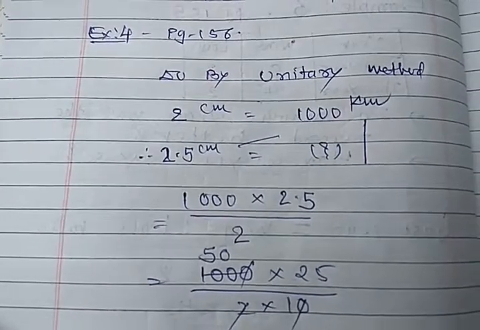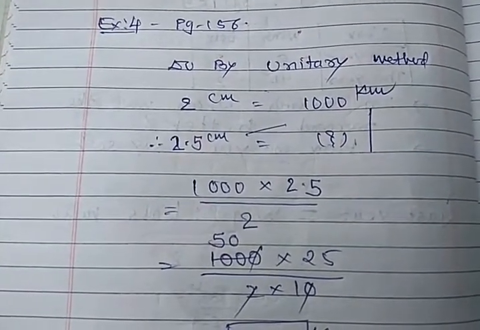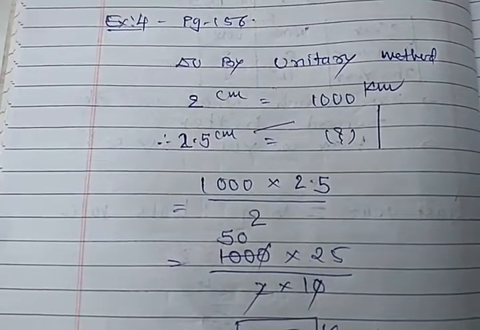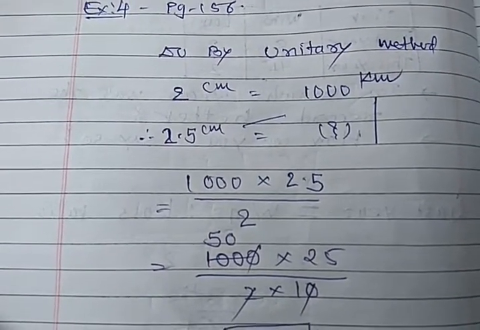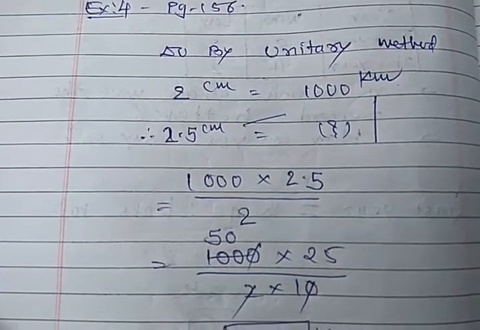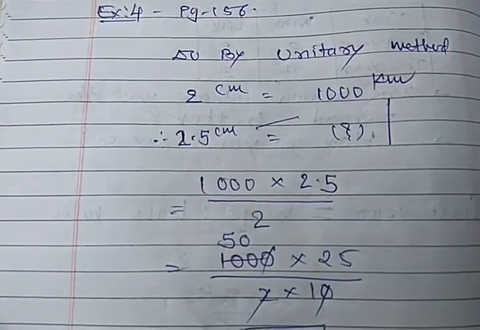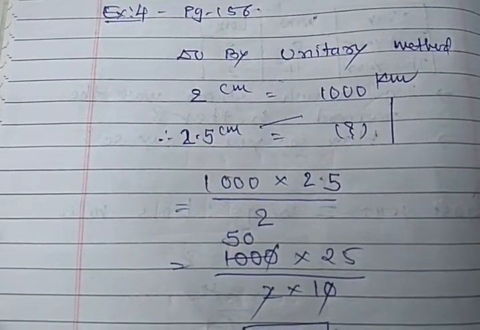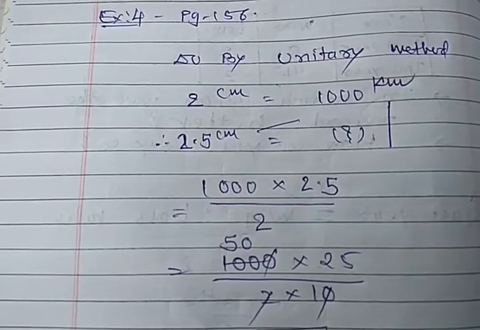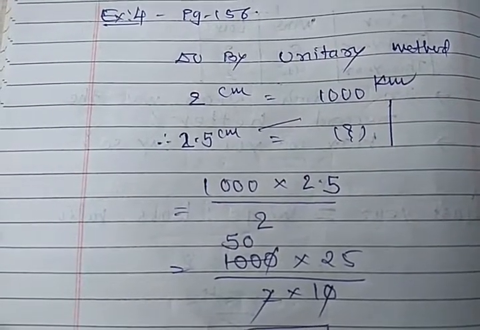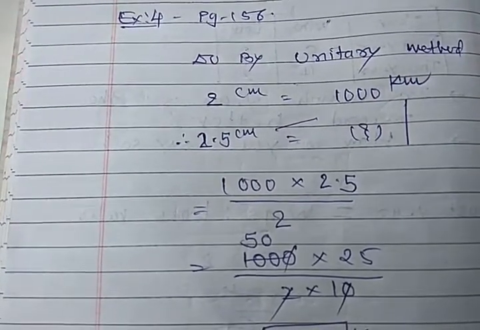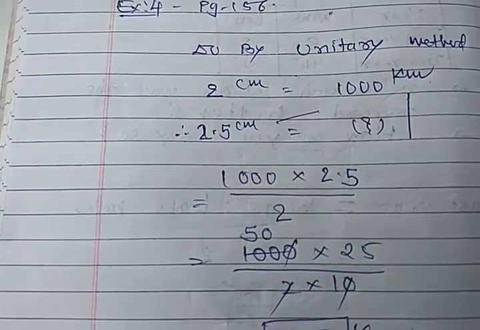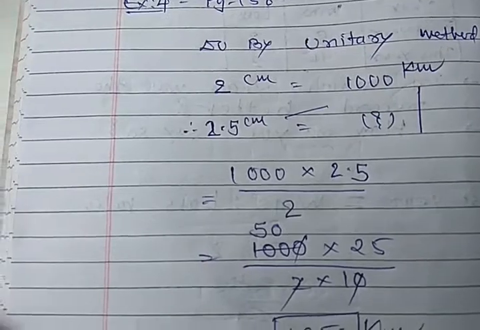So students, here we use the unitary method that you have studied in your 6th standard. So do it by the unitary method. Here 2 centimeter is equal to 1000 kilometer. So whatever quantity we are going to find out, we must write on the right side, right? Here we have to find out the actual distance, which is measured in kilometer.